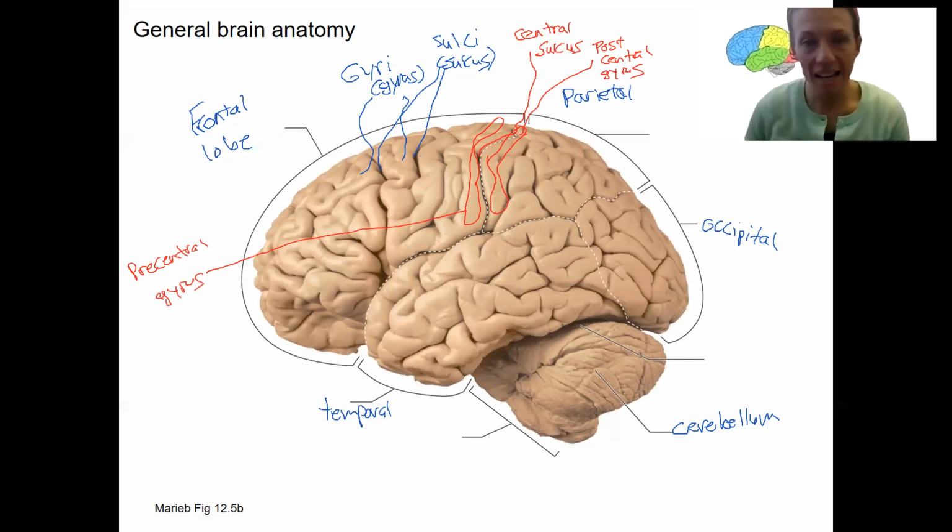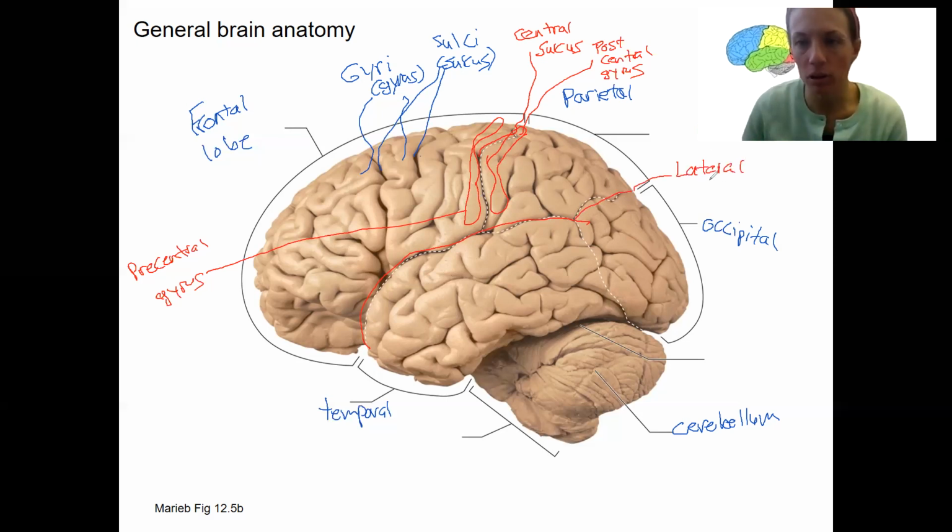Okay, last thing, I believe, two more. We did the central sulcus. This sulcus along here, going laterally, is called the lateral sulcus.